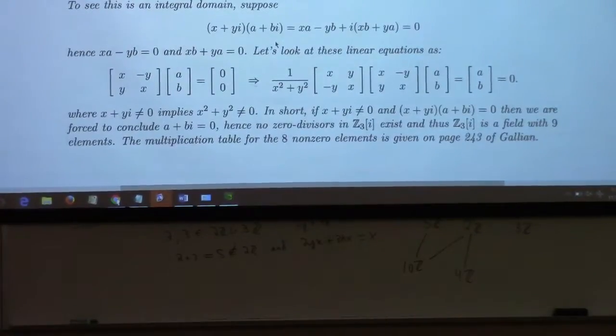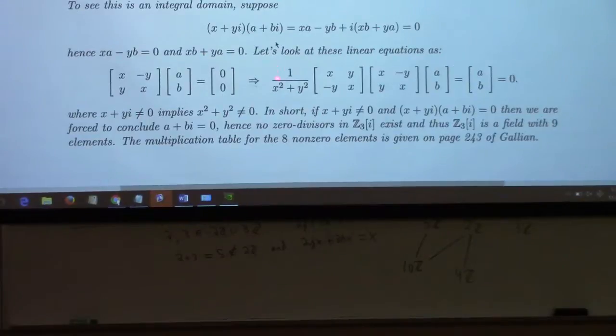Anyway, you take these two equations and you can regroup them like so. It's no accident that this is the matrix representation of a complex number, x plus iy. So this multiplied by the inverse on both sides, then these cancel because x squared plus y squared is non-zero for every one of these guys that's non-zero.